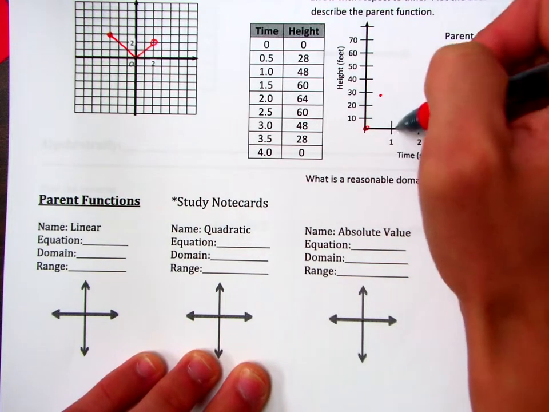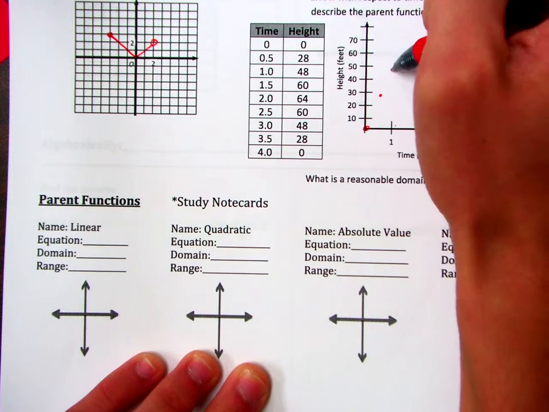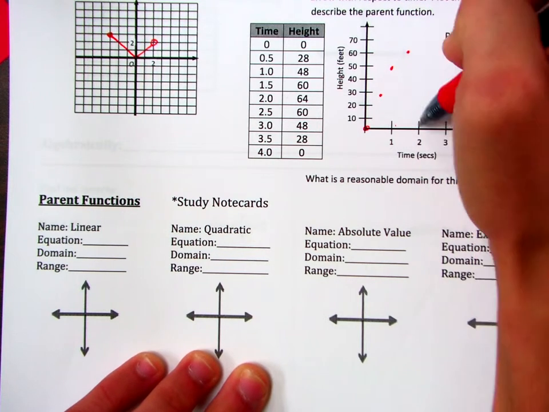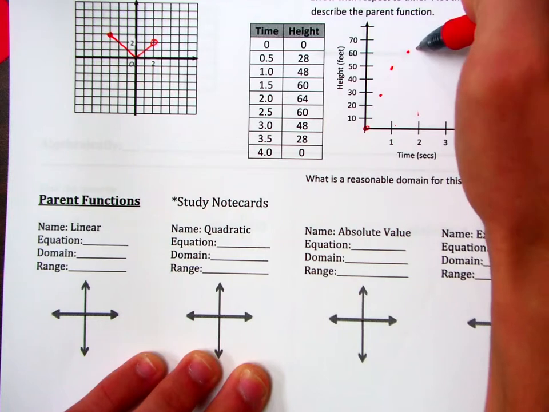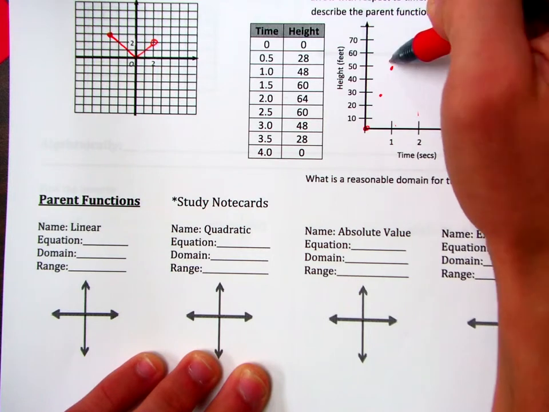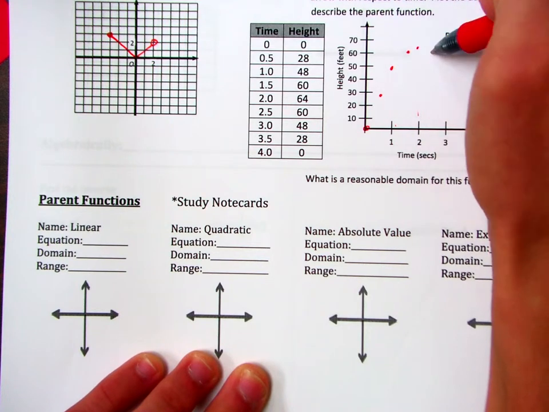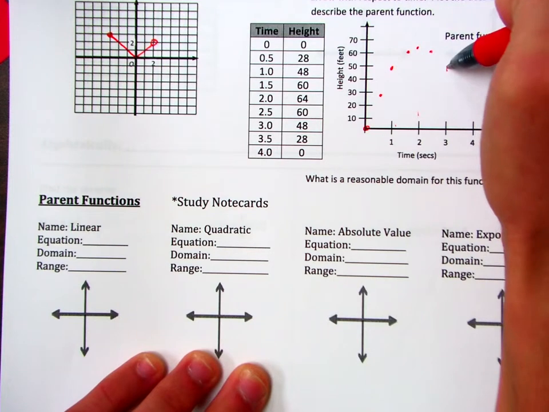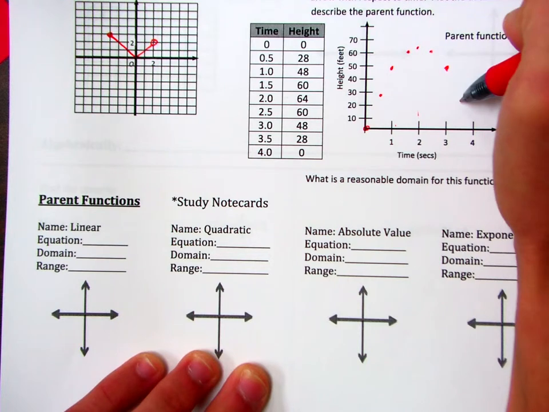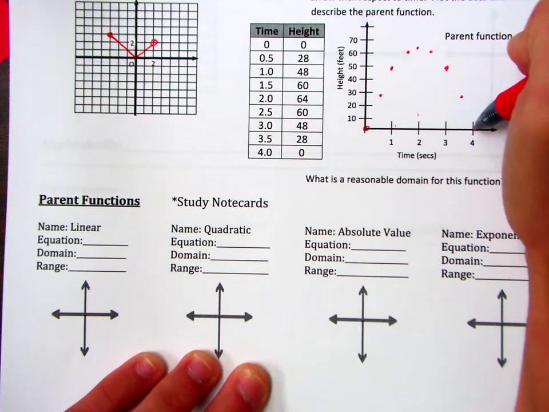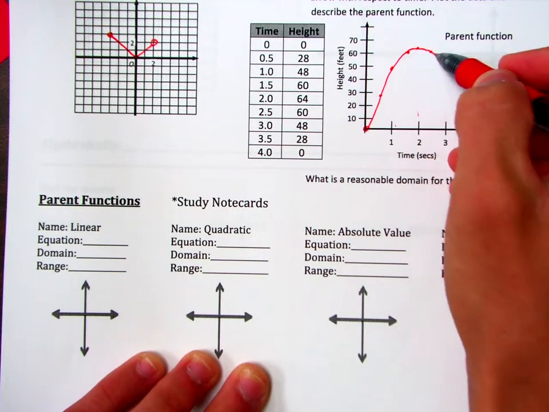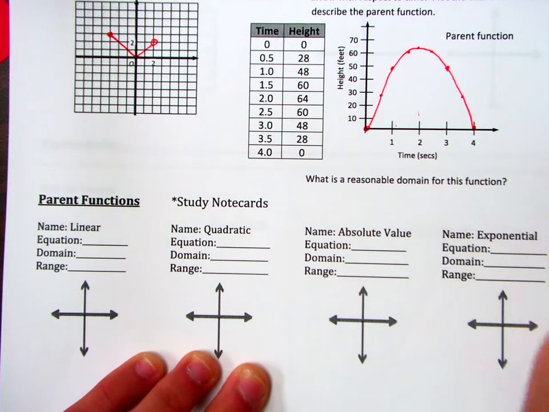It looks like 1 is 48, somewhere in there. 1.5 is 60. 2 is 64. 2.5 is back down to 60. 3 is 48. 3.5 back down to 28, then back down to the ground. Something like that. It's a parabola.